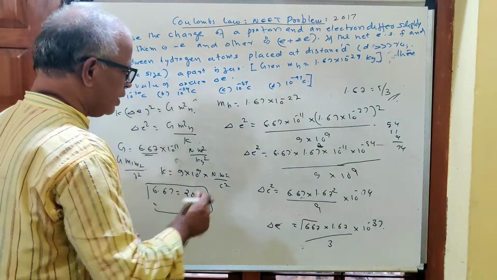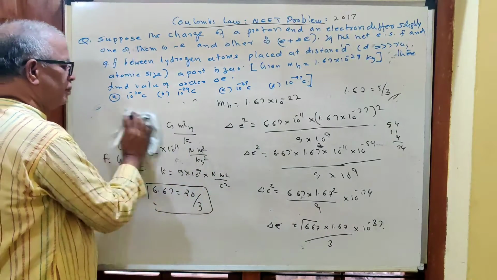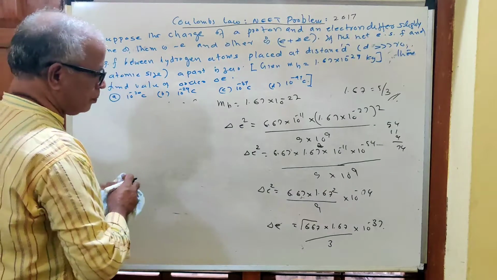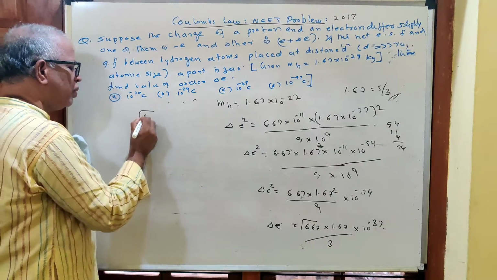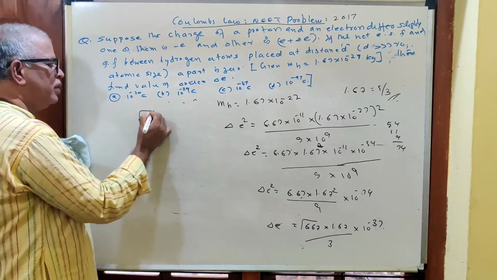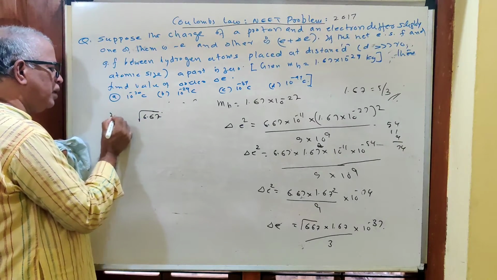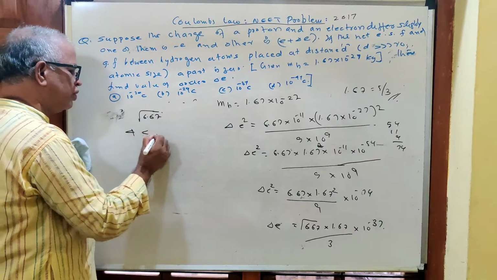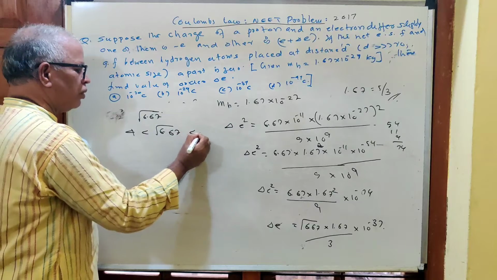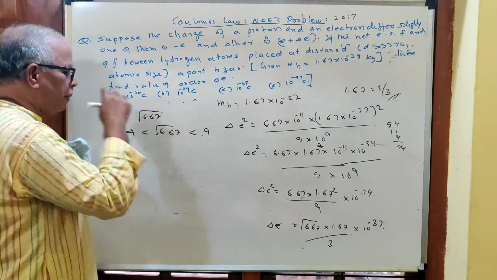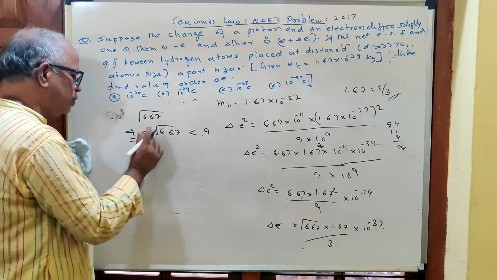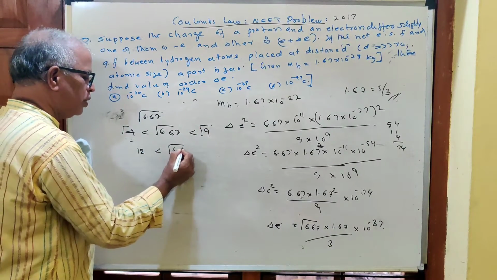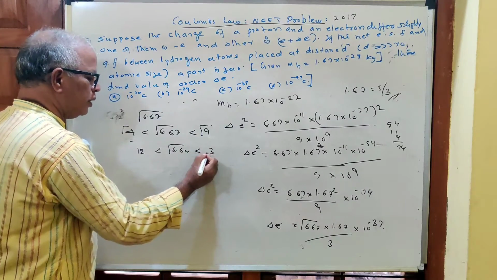I am trying to teach calculation methods here, to calculate simple numerical values. Here again, root of 6.67, how do you find this one? Shortcut method: it is between root 4 and root 9, that is between 2 and 3. 6.67 is less than 9, take it as nearby 3.